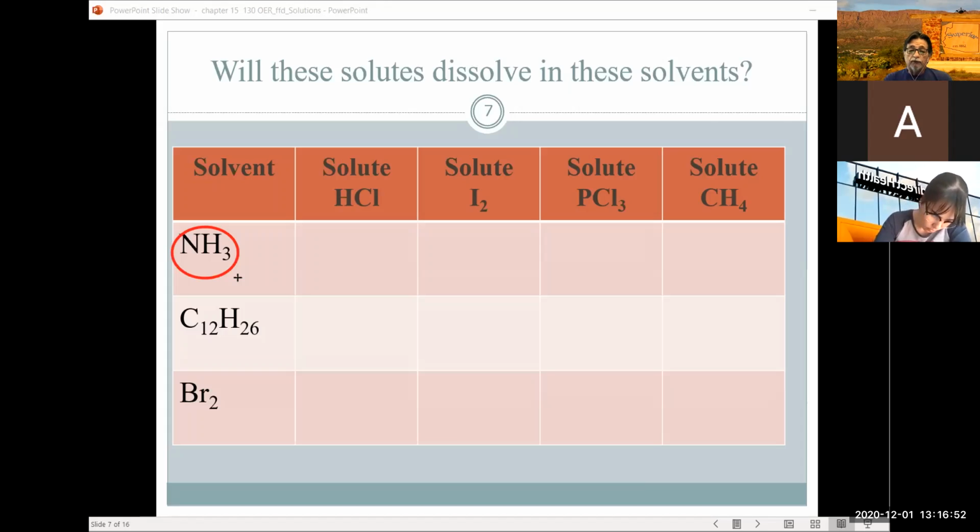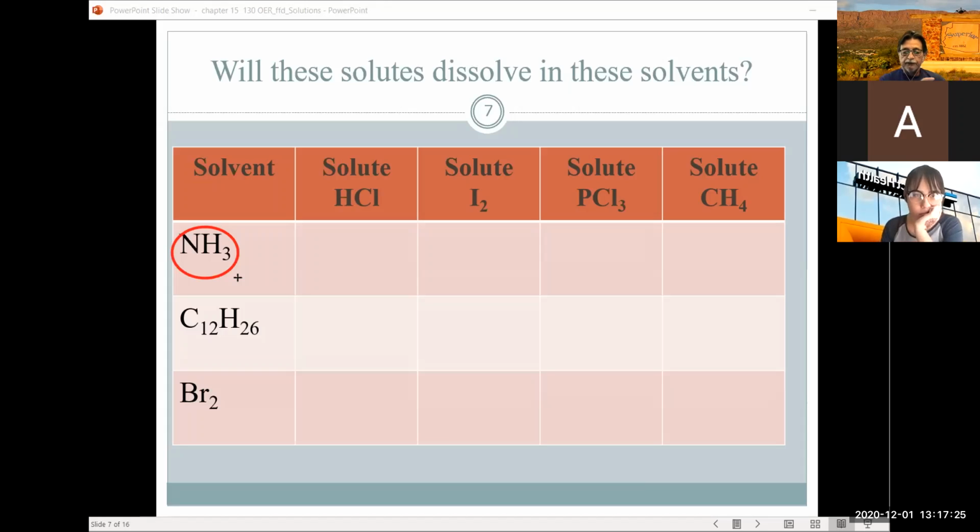What about C12H26? What do we know about the carbon-hydrogen bonds with respect to polarity? Because of the relationship between C and H, it's nonpolar. Exactly. Carbon-hydrogen bonds, like diatomic molecules, are nonpolar.